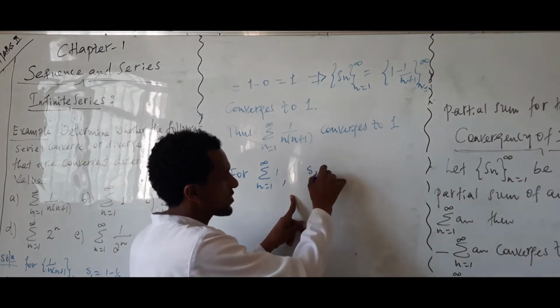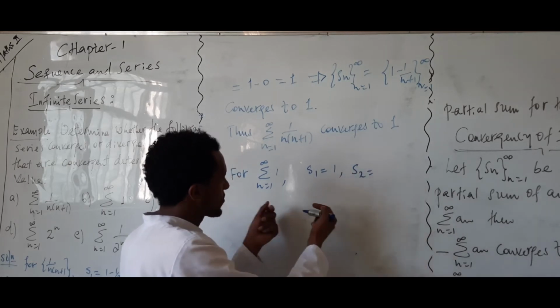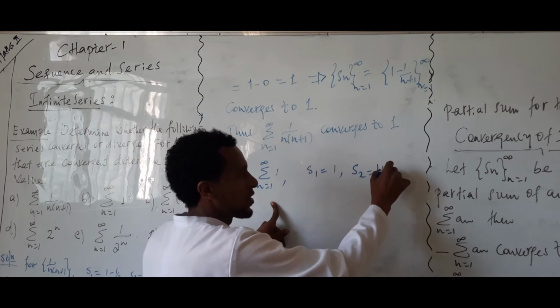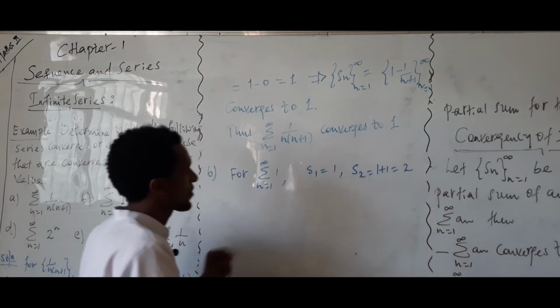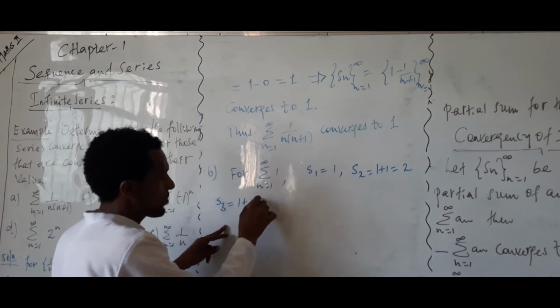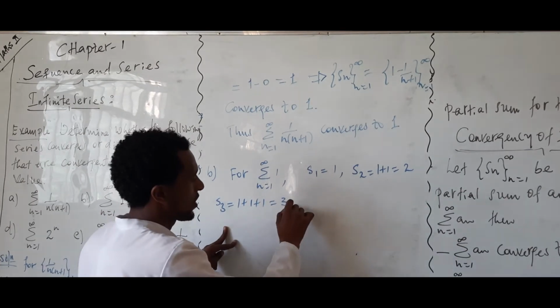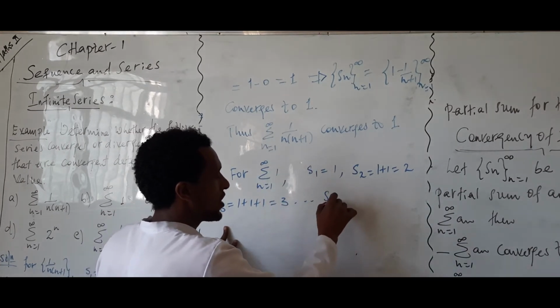So S1 is equal to 1. S2 is equal to 1 plus 1, that's equal to 2. S3 is equal to 1 plus 1 plus 1, that's equal to 3. That implies Sn is equal to n.